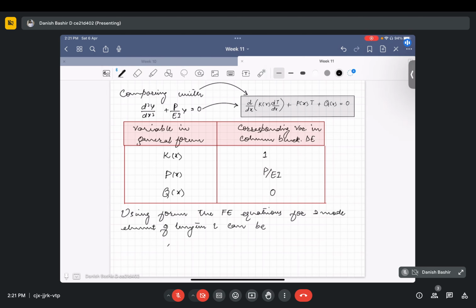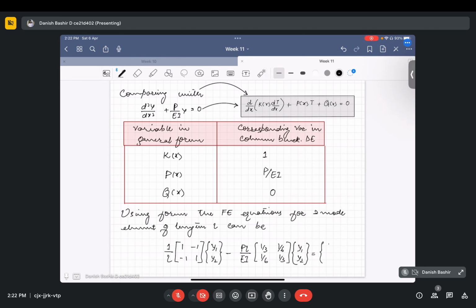So we know that it is given by 1 by L, then its matrix, 1 minus 1 minus 1 1, matrix close, y1 y2, then it is minus PL by EI, with matrix 1 by 3, 1 by 6, 1 by 6, 1 by 3, y1 y2, is equal to 0.